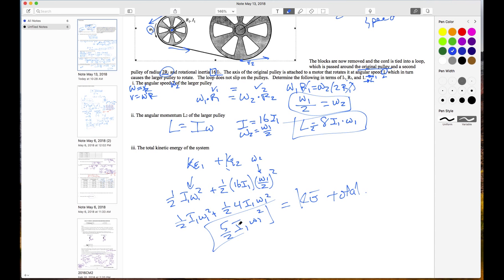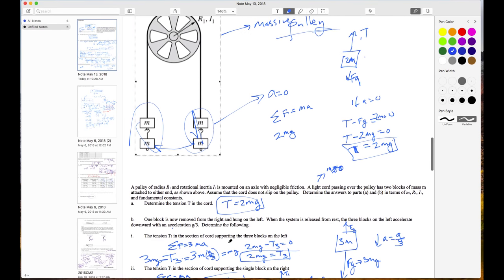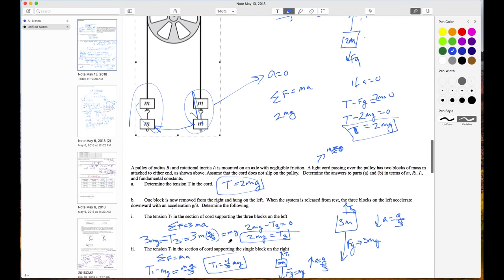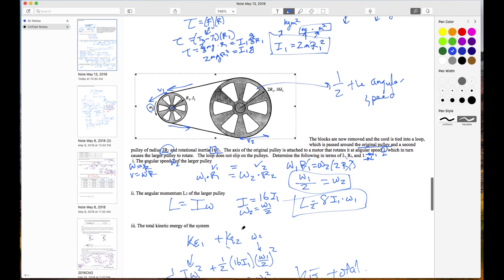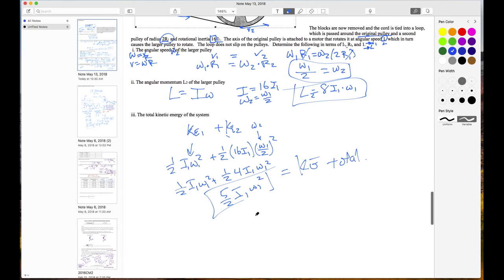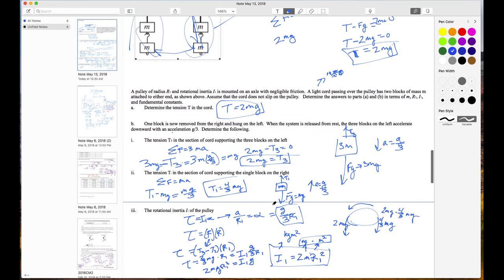So some simple algebra based on the ideas given in this problem. And that is it for this problem. I encourage you to run through and try this out on your own, of course, before I do it. You'll get more out of it that way.